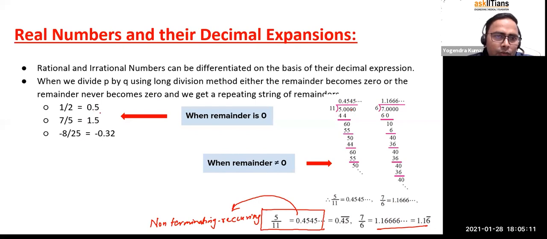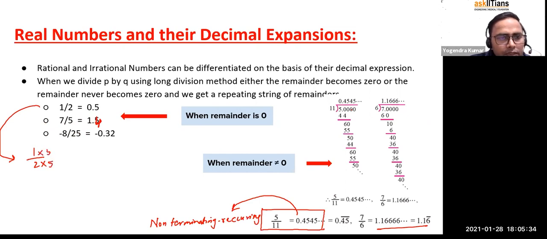So 1 by 2 is 0.5, 7 by 5 is 1.5. Wait, I think there is a mistake here. It has to be 1.4. Let me show you. For 1 by 2, we can do long division, and also without long division.